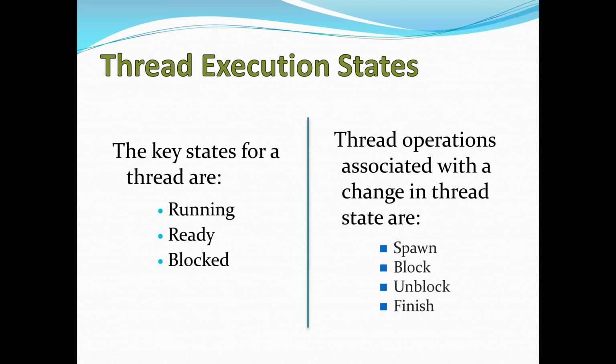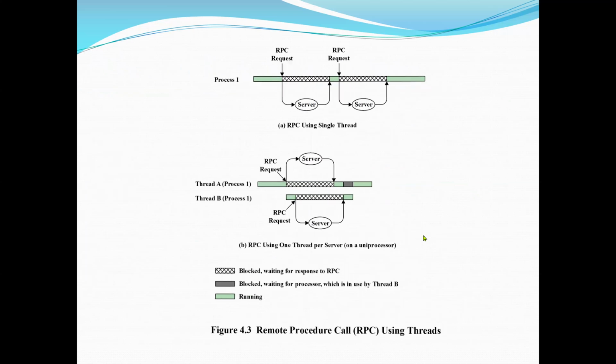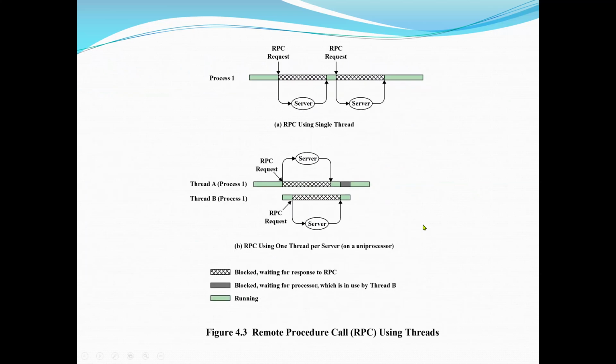The thread is moved to the ready queue and is unblocked. And when a thread completes, its register contexts and stacks are deallocated. And this will lead us to the finished state. So this is an example we have here.